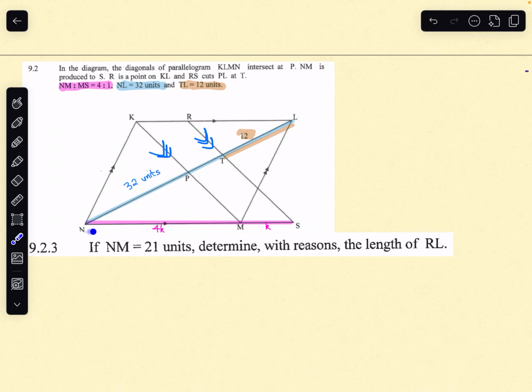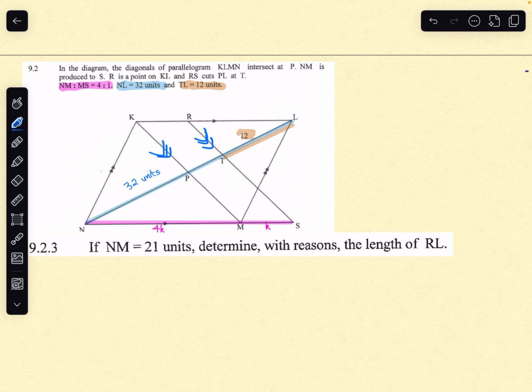If we know the length of NM, we also know the length of MS because of the 4-to-1 relationship. So we know the length of this side, and that side. We also know the length of this side, right? So we can definitely set up a ratio, because this side is going to be the twin of this side.